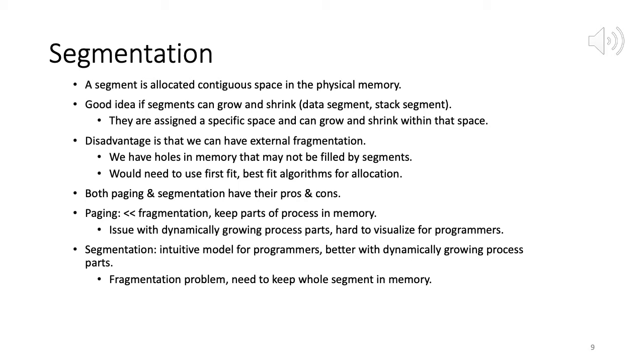For each process, we may say this address space has been allotted to you contiguously. It's only when the address translation happens that we allow the frames to be allotted non-contiguously.